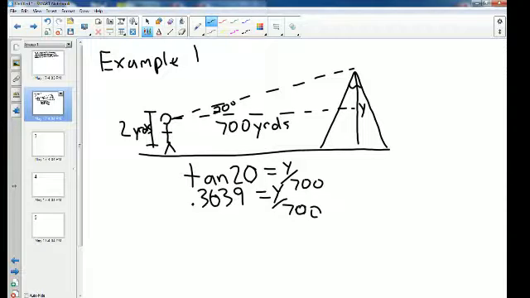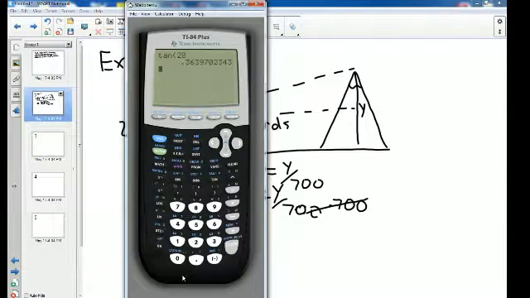And to isolate y, you need to multiply both sides by 700. So these cross out, and then 700 times 0.3639 is 254.77.